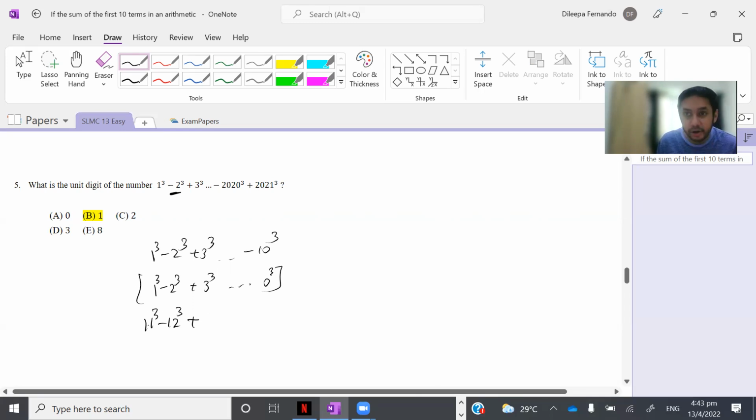I mean, the unit digit of the cube of 11 is equal to the unit digit of the cube of 1, because, let me show you, the cube of 11 is 10 plus 1 cubed. So this becomes something like 10 to the power 3 plus 3 into 10.